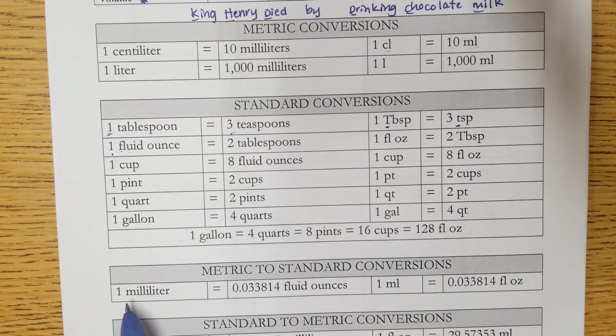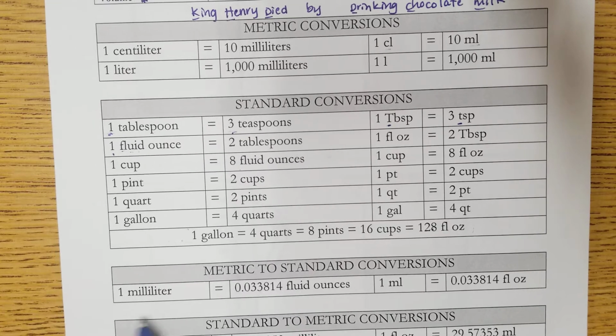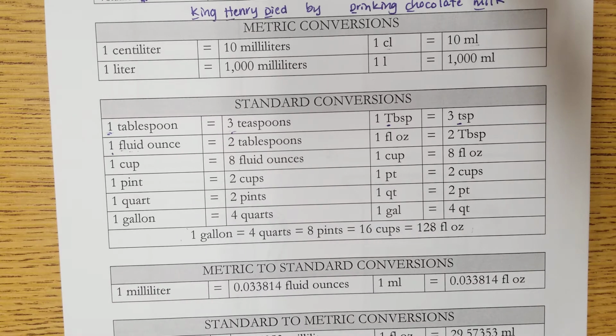And then in the metric system, here are the conversions. We're not going to do very many conversions this way between these ounces and milliliters, but here is the conversion in case you need it. You would convert the same way that we did when we did the conversion between inches and centimeters.